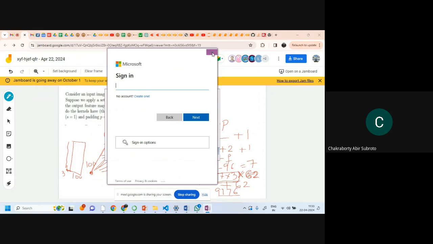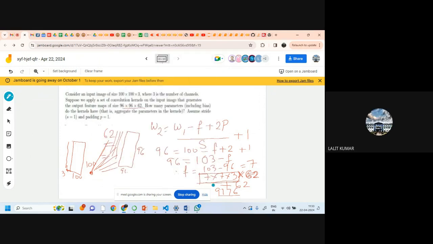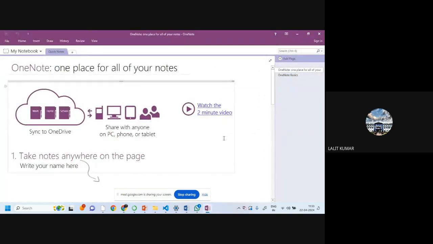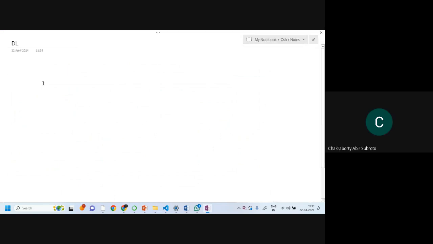I think it should log you in. ओके. Add page. And if you see on the right hand side where it is written add page, to the left of it there is an expand button. This one. Yes. So now you can have all your pens and everything on your side.